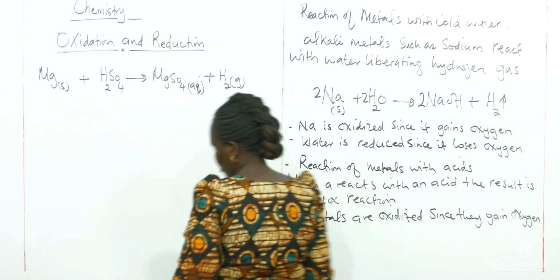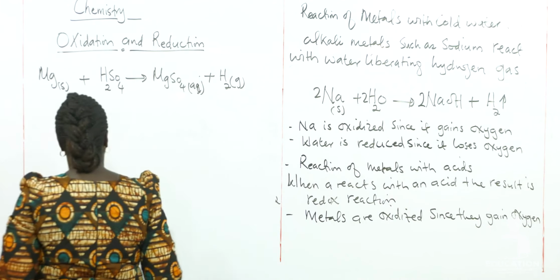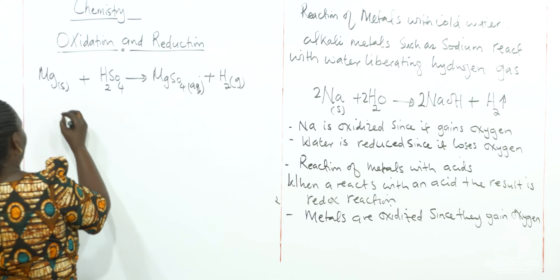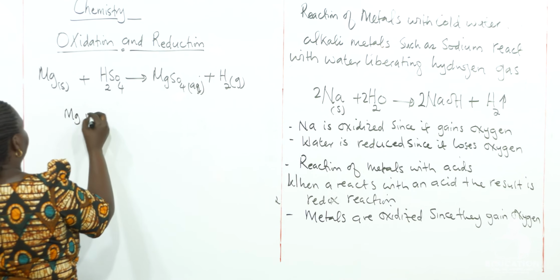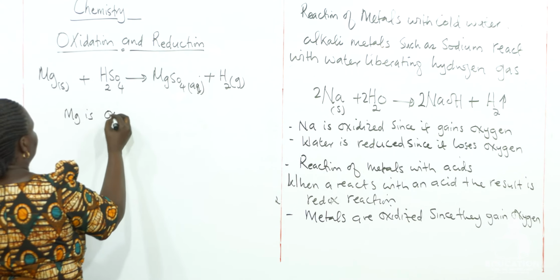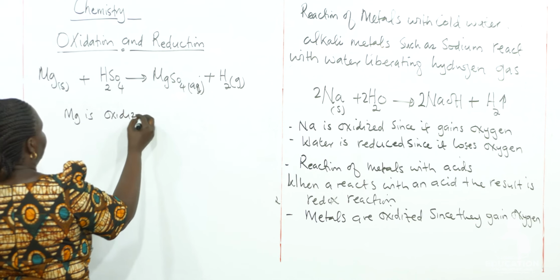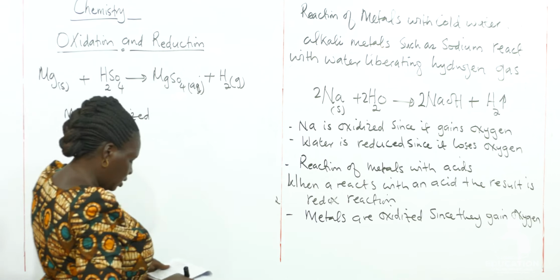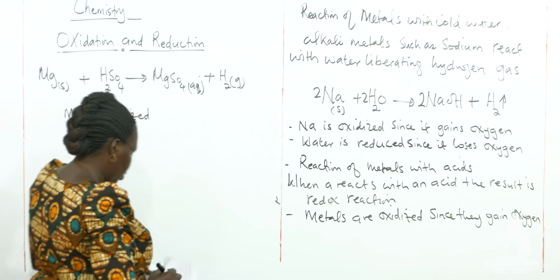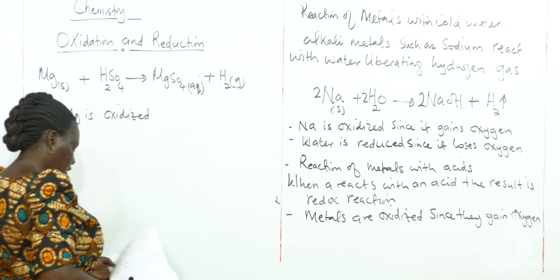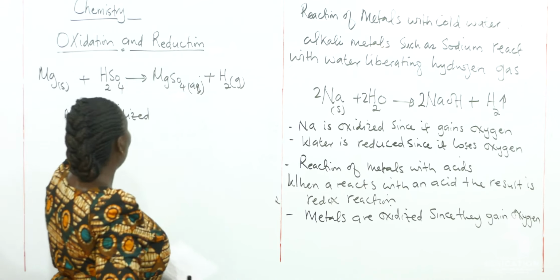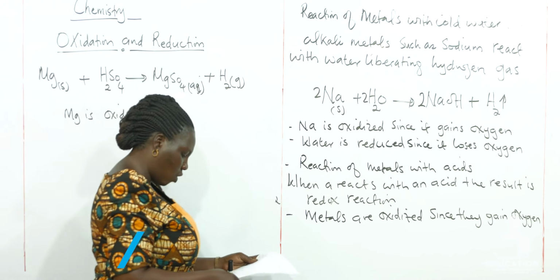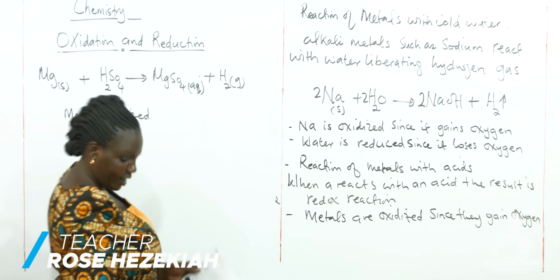In the following reaction, magnesium is oxidized while hydrogen is reduced. Hydrogen is reduced because oxygen is removed from sulfuric acid.